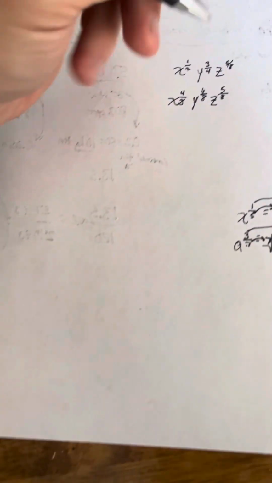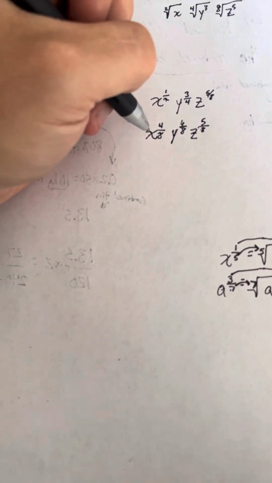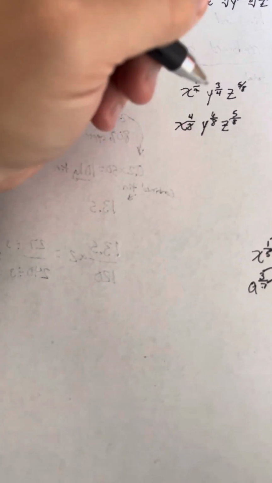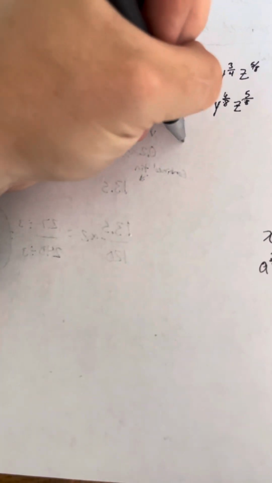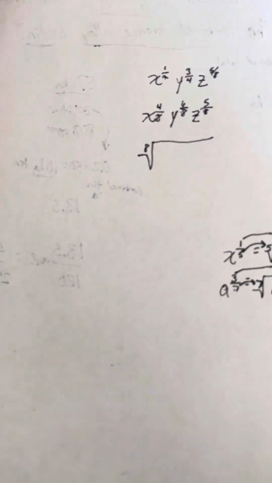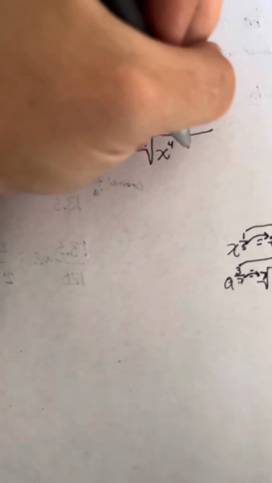So what that means is we can go ahead and change that to our root, because the denominators are my root. All of these are to the 8th root. So I'm going to put a giant 8th root around it, and whatever the numerators are, those are my powers of each variable. X has a numerator of 4, so that's x to the 4th. Y has a numerator of 6, so that's y to the 6th.